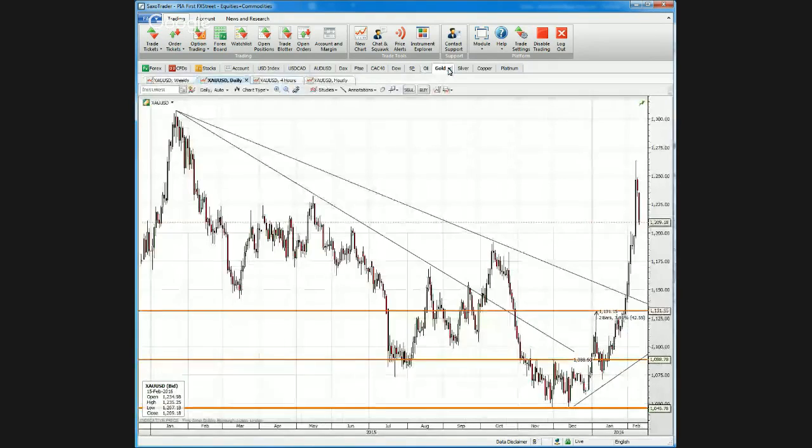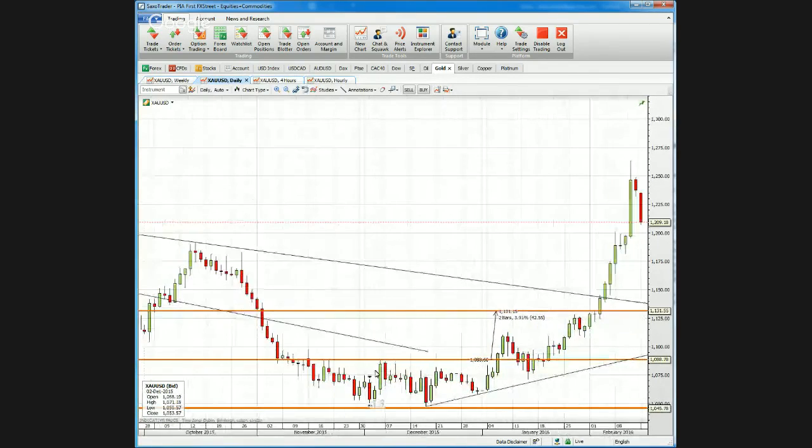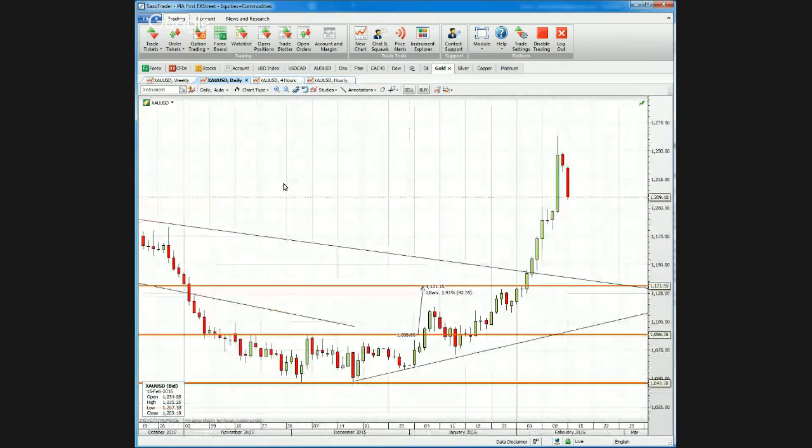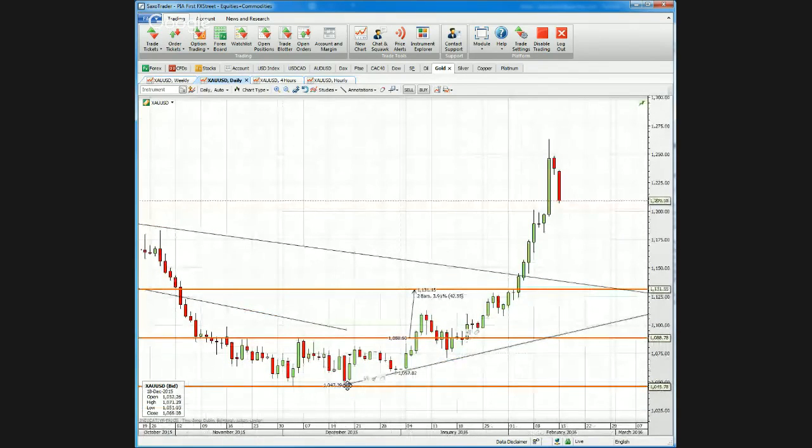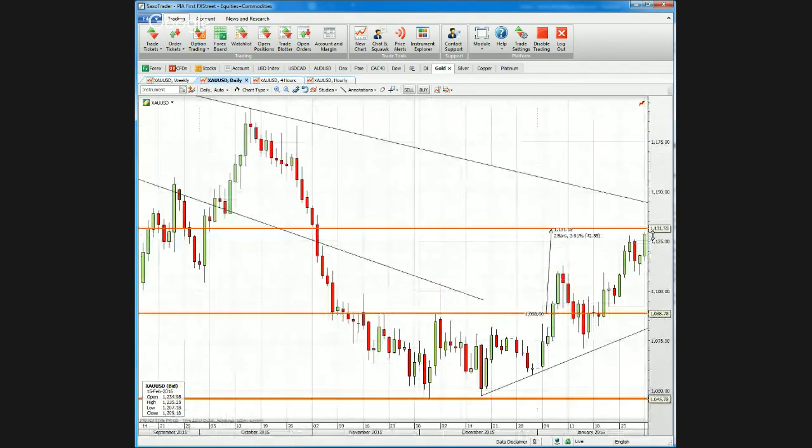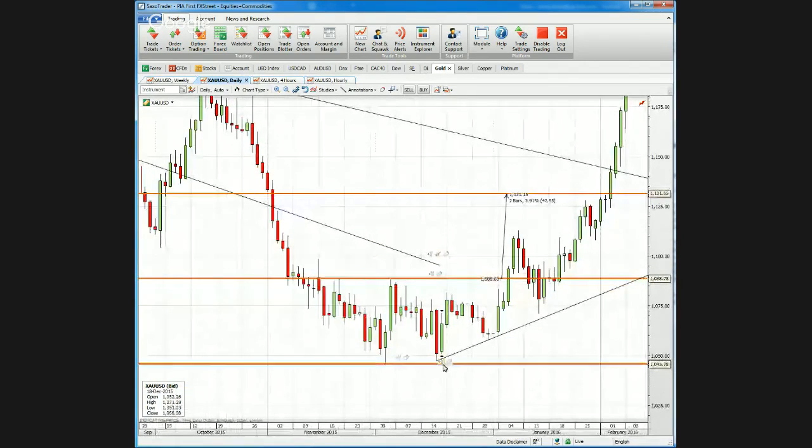Gold has been pretty hot over the last few days, and you can see from this chart the great move we've had since December, basically. In December, we highlighted this double bottom formation.